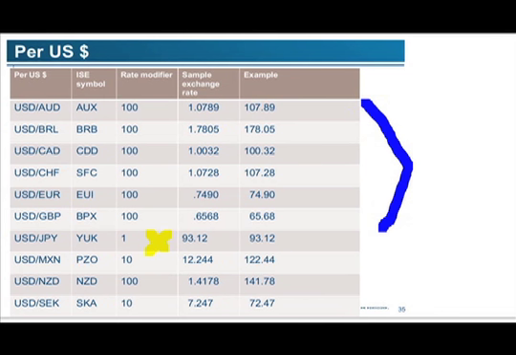The peso is going to be multiplied by 10, and also the Swedish krona by 10. So all of the currency pair values are multiplied by 100 except the peso and Swedish krona, multiplied by 10, and the Japanese yen, which is not modified at all.